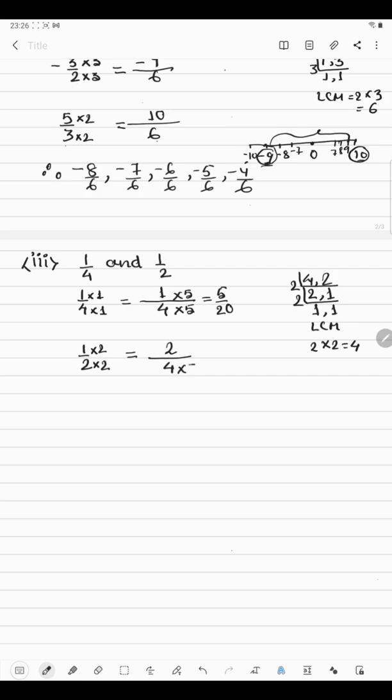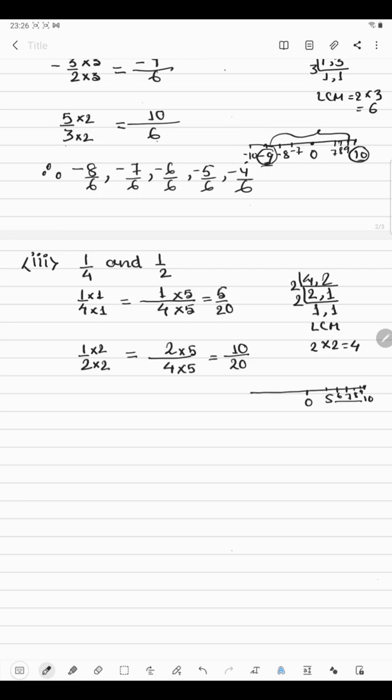Here also we'll take the same number because we will have to make the same denominators, which is 20, and here also it will be multiplied by the same number, so 10. Now if you see the numbers in between, suppose here it is 5 and 10 is here, so in between 6, 7, 8, 9, so a total of 4 numbers are coming in between.